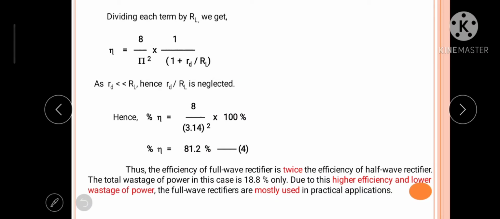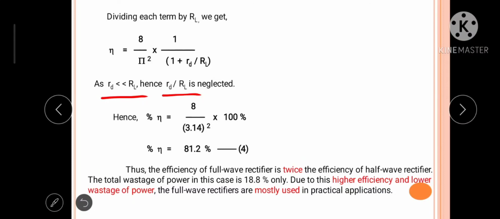Now dividing each term by RL, we get efficiency eta equals 8 upon pi square into 1 upon 1 plus RD upon RL. Here diode resistance RD is much smaller than RL, hence RD upon RL is neglected, and therefore the equation for efficiency in percentage can be written as 8 upon 3.14 square, that means pi square, into 100%.